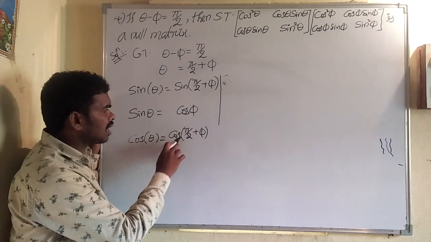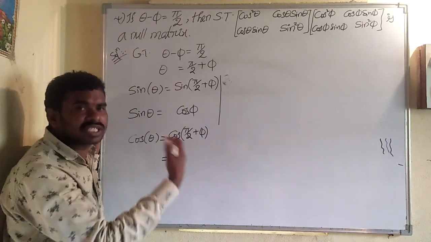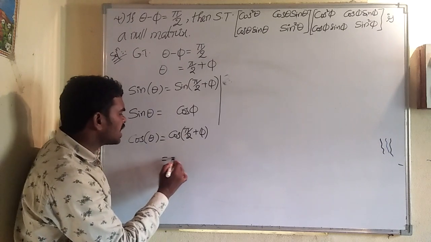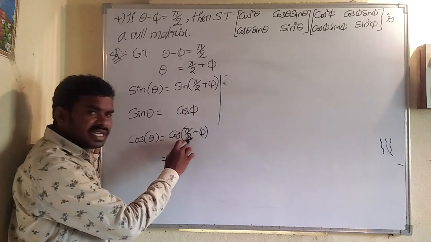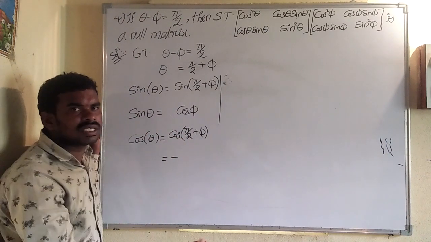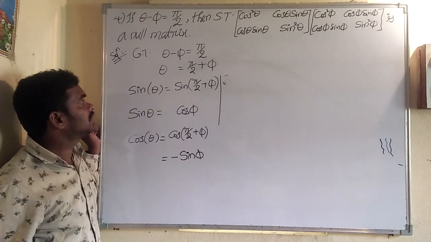Now tell me, cos of 90 plus phi: 90 plus means it belongs to the second quadrant. In the second quadrant, cos is negative. Next, whenever it is 90 degrees or 270 degrees, cos becomes sine. So sine phi.